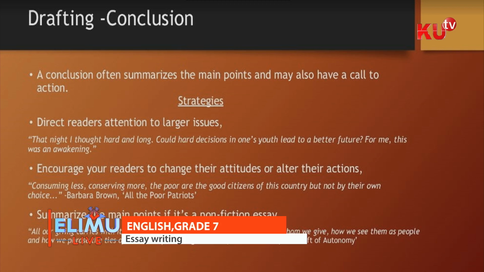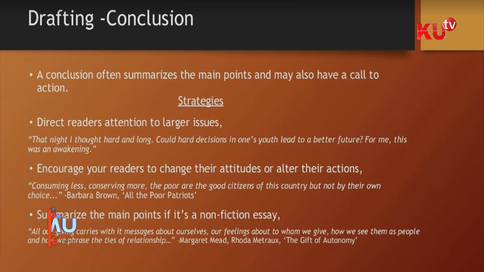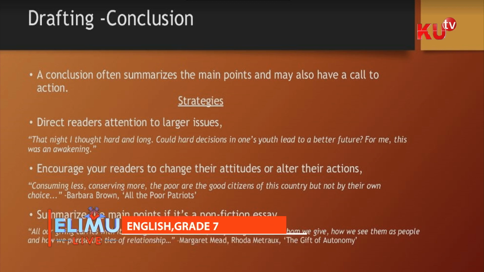It's where you drive the point home. All the other paragraphs are yours to entertain the readers, but the conclusion is where you now have to nail it. This is the point I was trying to drive home with all the entertainment, with all the writing.